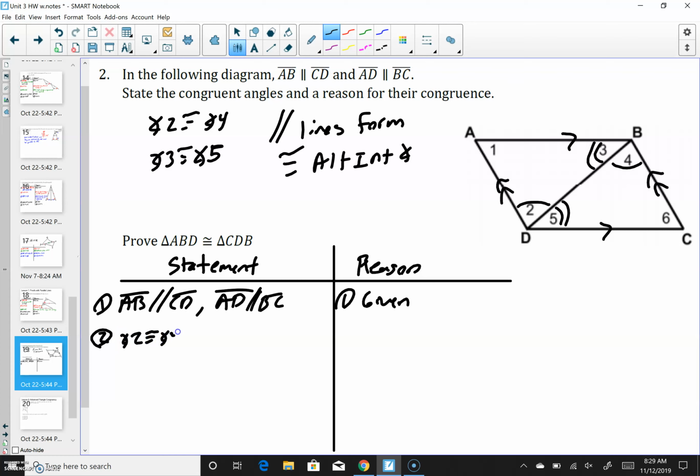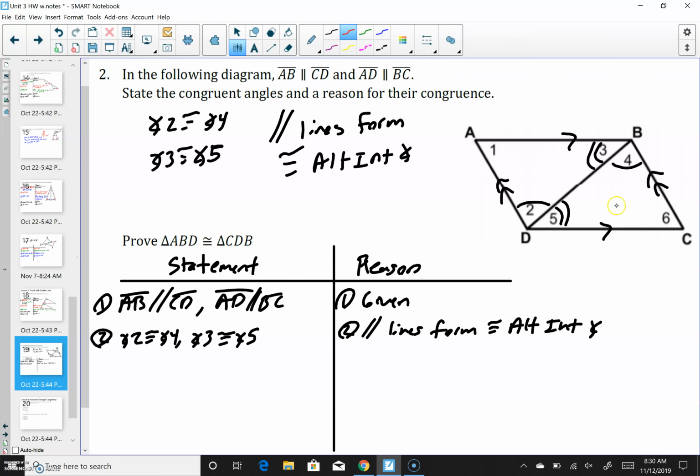Angle 2 is congruent to angle 4, and angle 3 is congruent to angle 5. Parallel lines form congruent alternate interior angles. So that's all of our givens. Now we need to find something else in our picture.